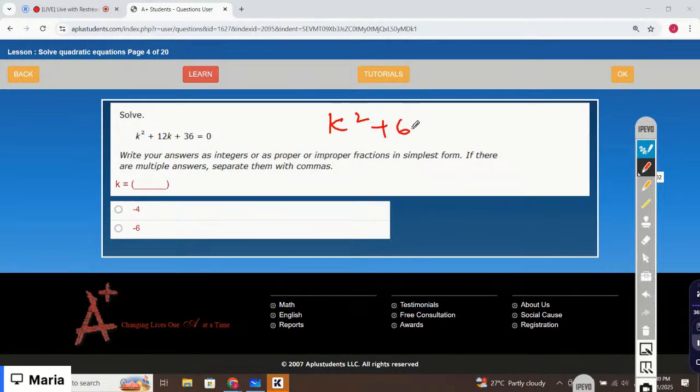K squared plus 6k plus 6k plus 36. That is basically k plus 6 and k plus 6 equals 0. So we have k equals minus 6.